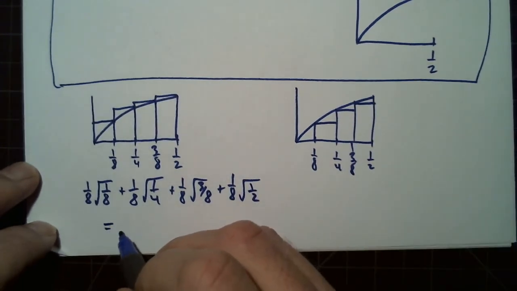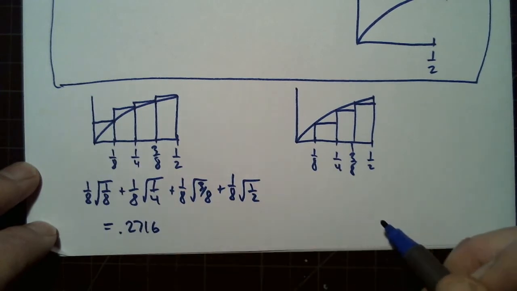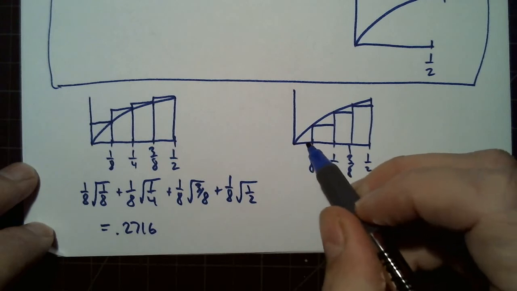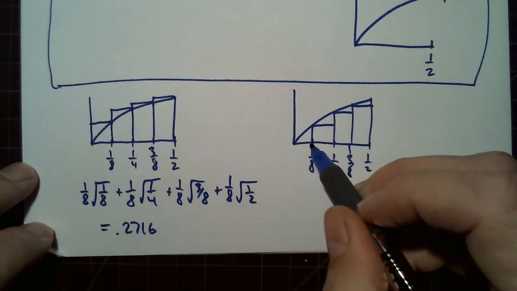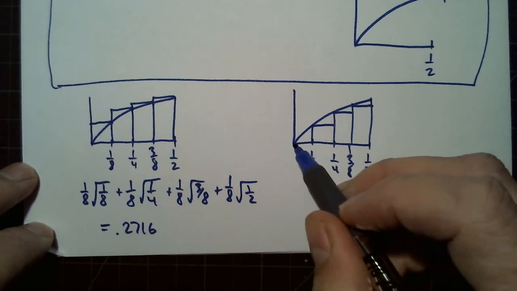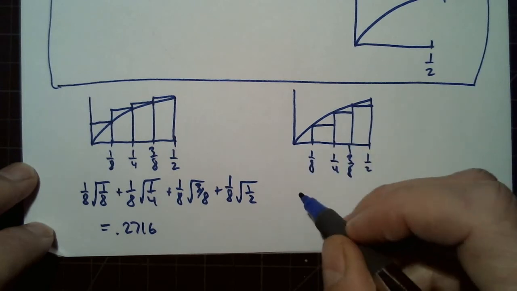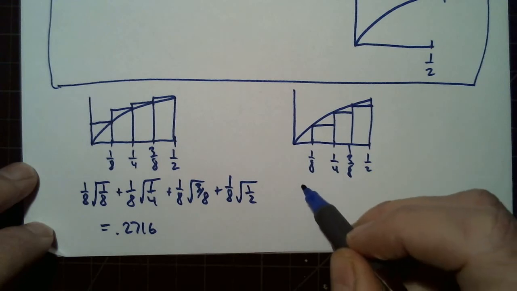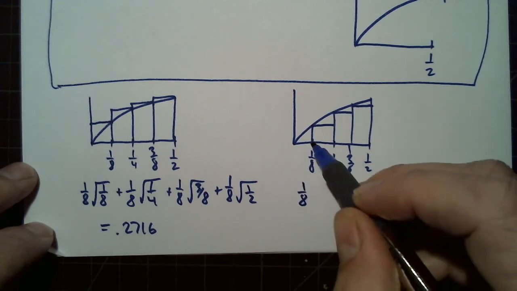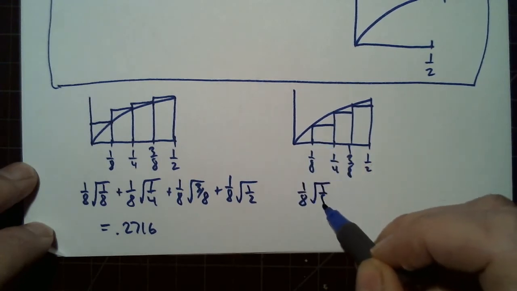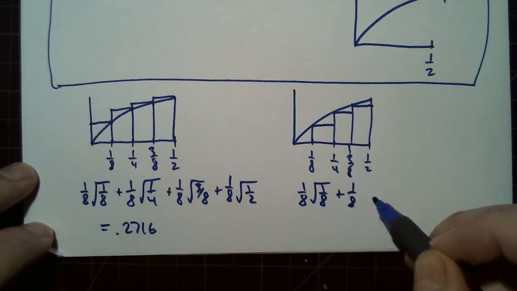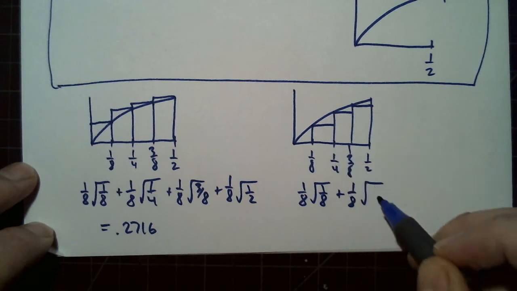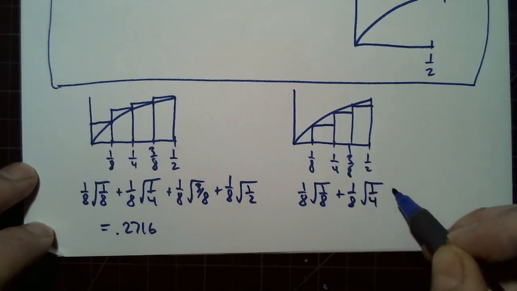So we have 0.2716 for the upper sum, and the lower sum is, here we have a base of 1/8 times a height of 0. So we don't have to write it, but just know that there's one rectangle that's an area of 0. Then we'll go base times the height is radical 1/8. Base times the height. The height of this rectangle occurs at 1/4.